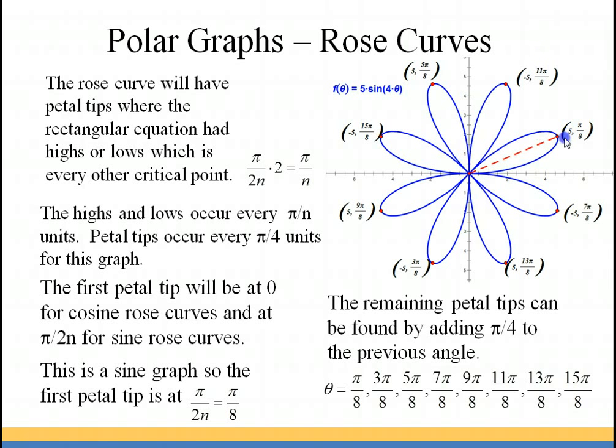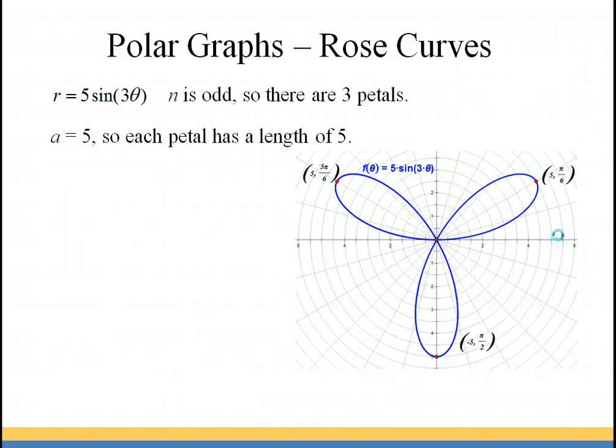So we started off with pi over 8, that's going to be at 5, and then when you plug 3 pi over 8 into your equation, you get out a negative 5. So that's going to give you this point over here in quadrant 3. Then at 5 pi over 8, I have a positive 5. And at 7 pi over 8, I ended up with a negative 5. So you can start to see how the graph works.